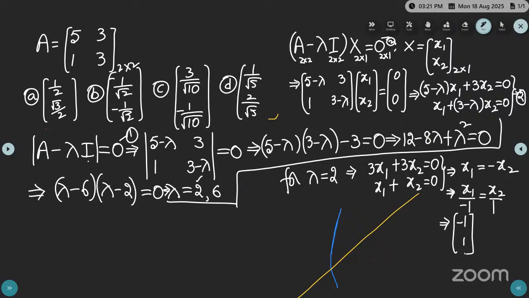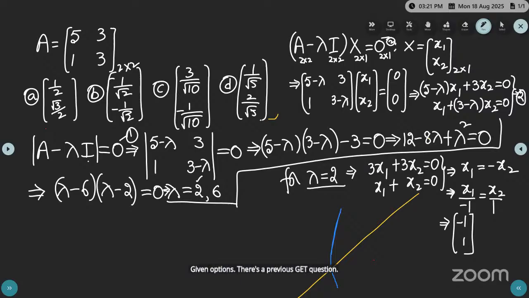One of the eigenvectors corresponding to the eigenvalue lambda equals to 2. Look here, do you have any non-zero constant multiple of it among those given options? This is a previous GATE question.